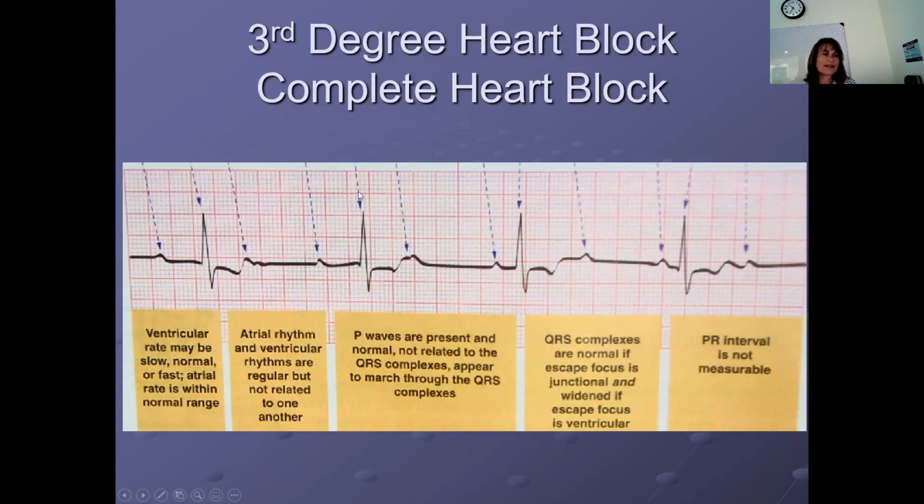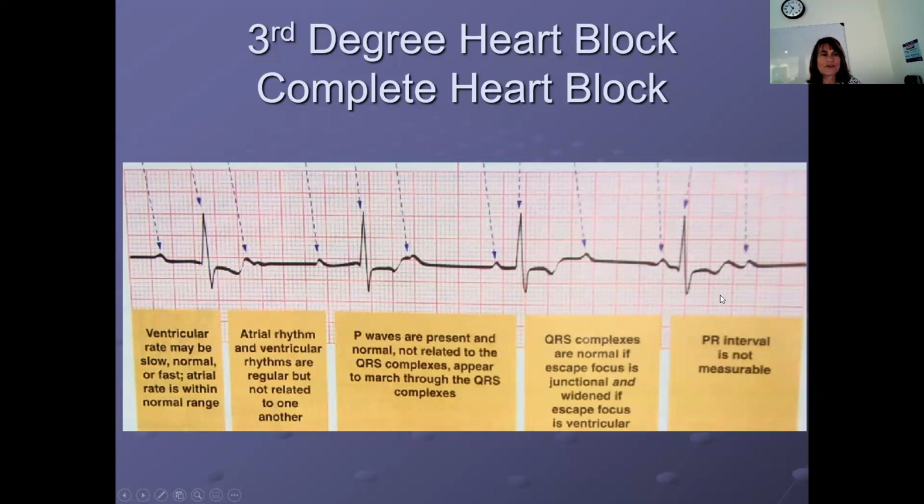And then the QRSs, you're going to have a really slow ventricular response, so about 20 to 40 per minute. So when you put them together on the paper, doesn't it look like you have a crazy PR interval? Here it looks really long. This one looks long. This one looks shorter. This one looks short. So PR intervals are not making sense.